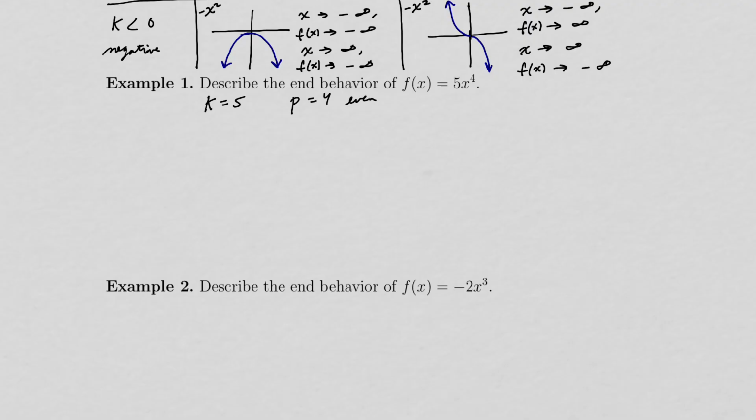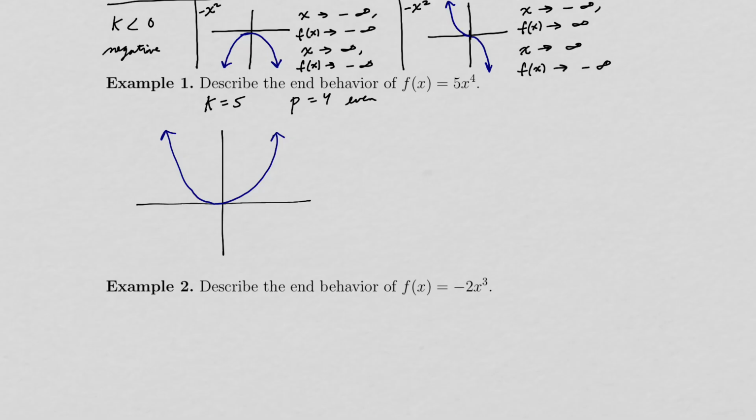So we know what this is going to look like, right? It's going to have a general shape like this. It'll be a little flatter than the quadratic function, right? Because it's to the fourth power. And actually, what the 5 basically does is it stretches it vertically. So it'll grow a little faster, okay? But it doesn't matter. We just need the general shape.